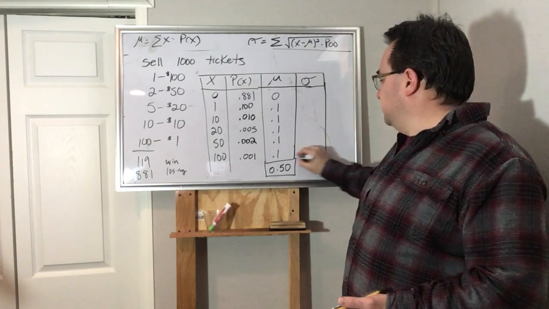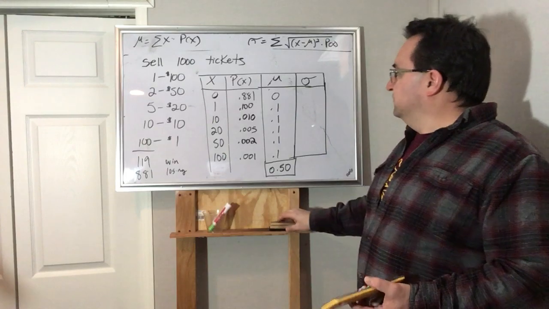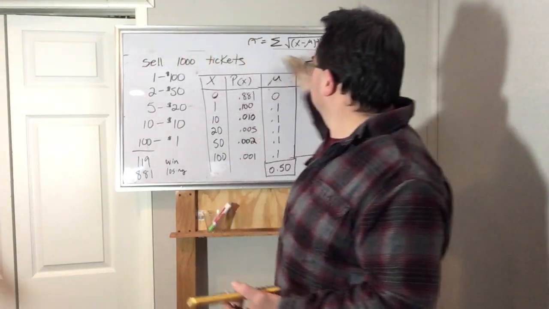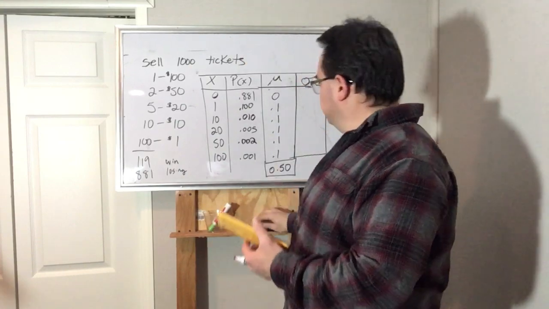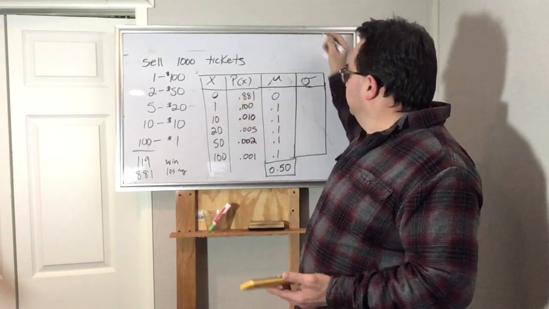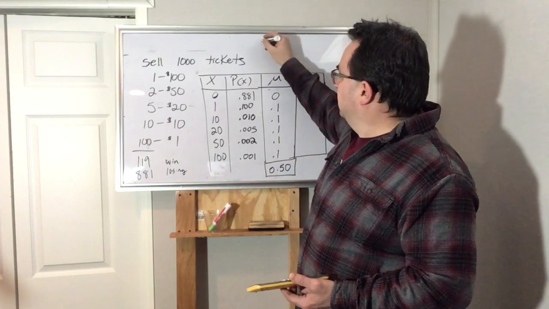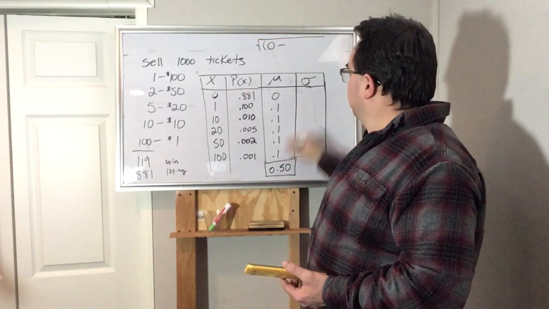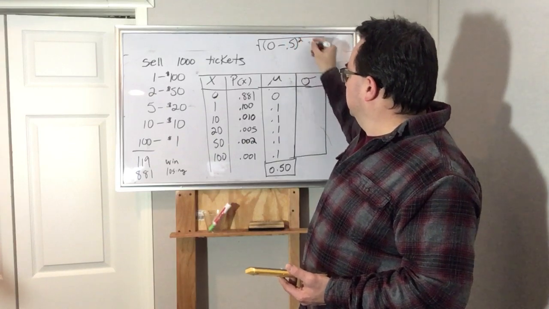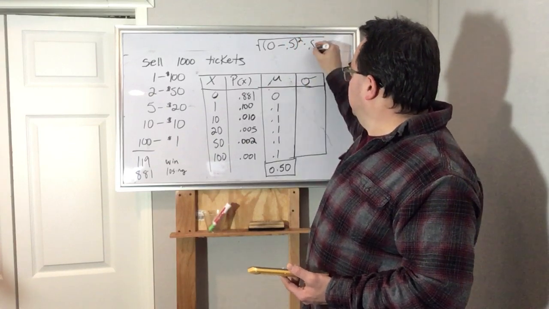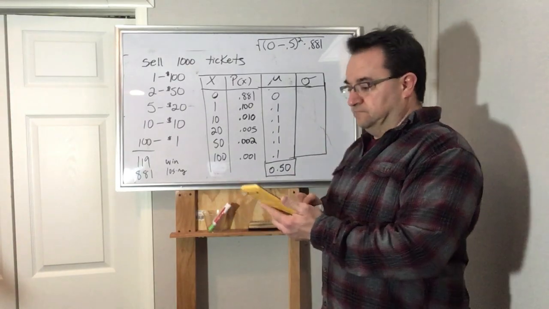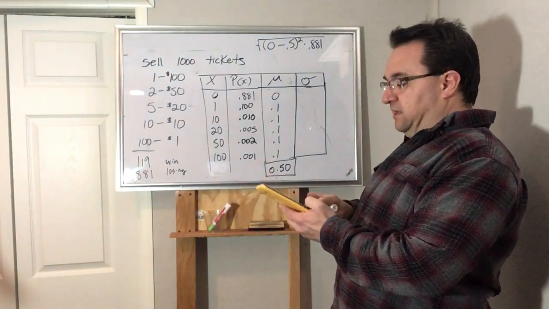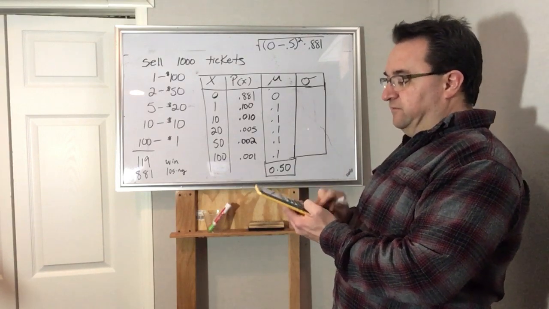So now let's find the standard deviation. To do the standard deviation, I need a little bit of space here. Here's the formula. So this one is going to be, here's my mean, the square root of 0 minus 0.5 squared times 0.881, to the 0.5.